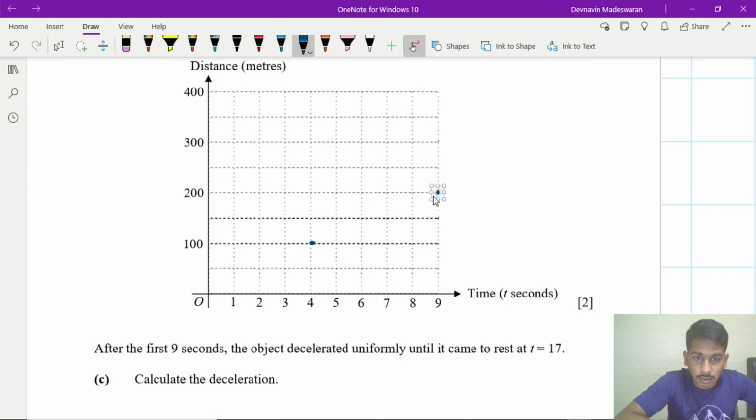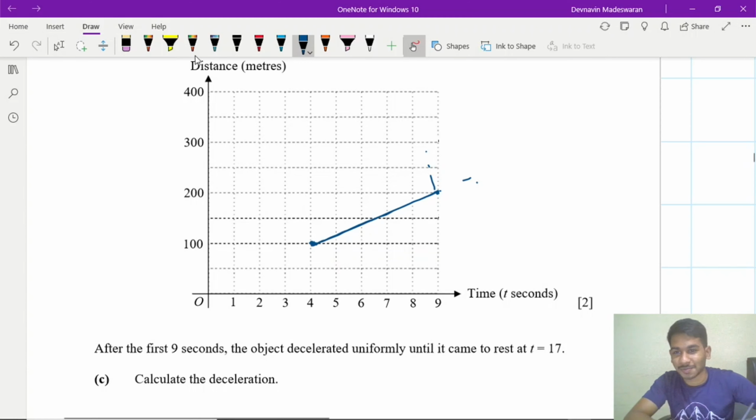Why is it not working? Ah, no. The reason I was trying to do this is because I'm using a ruler. Cool, it worked. And if I can do it with a ruler on the computer, you guys should try using rulers too in the exam.